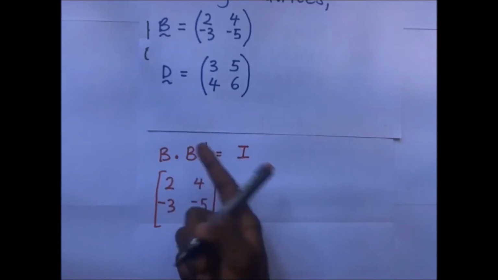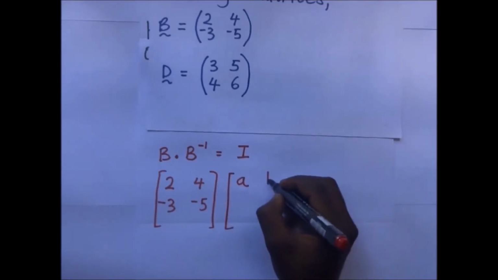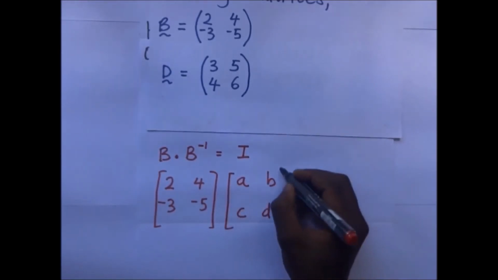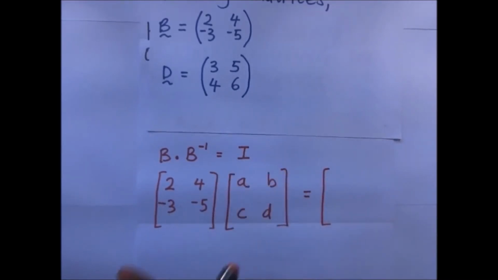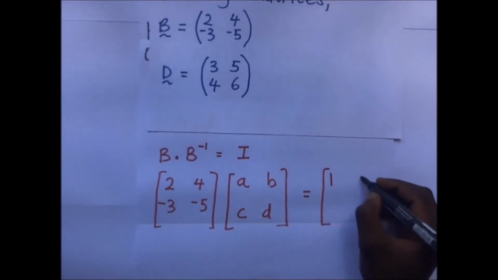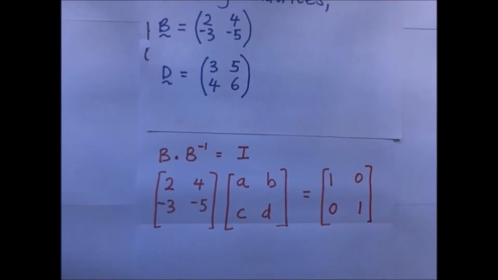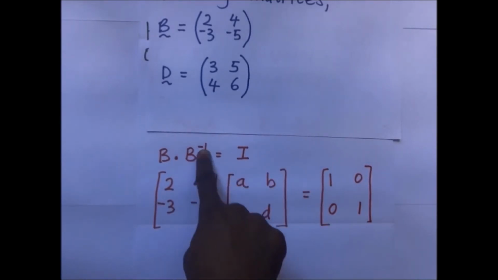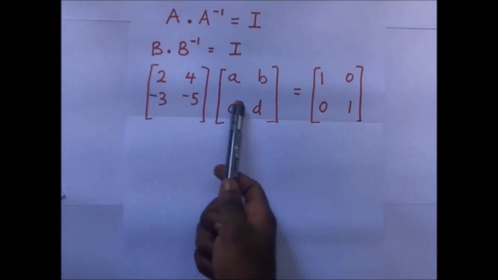Let's call its inverse A, B, C, D. So when we multiply it by A, B, C, D, we are supposed to get the identity matrix, which here is 1, 0, 0, 1. So our task is simple: to find the values of A, B, C, D. When we find them, this matrix is the inverse matrix that we are looking for.